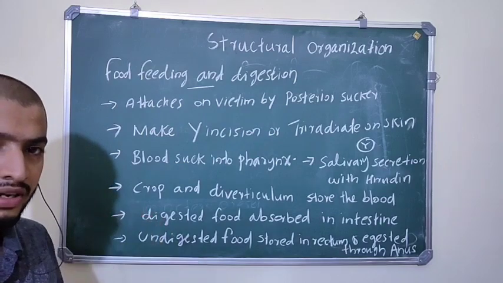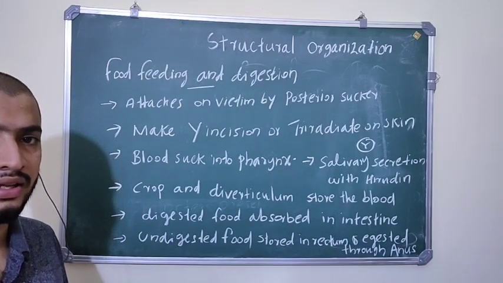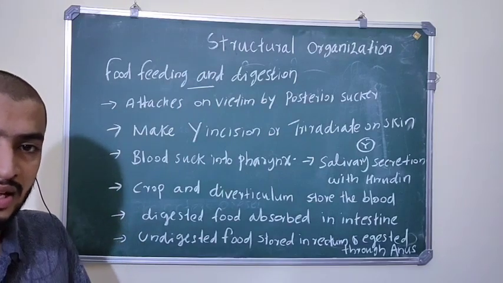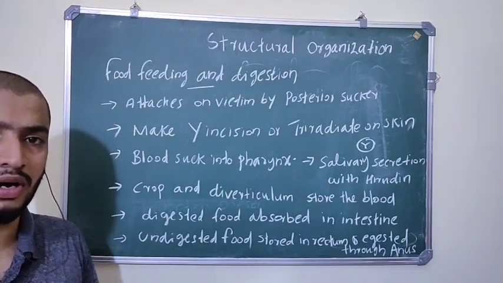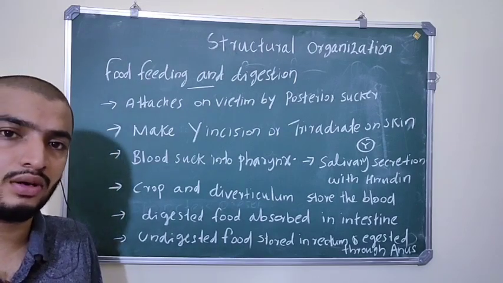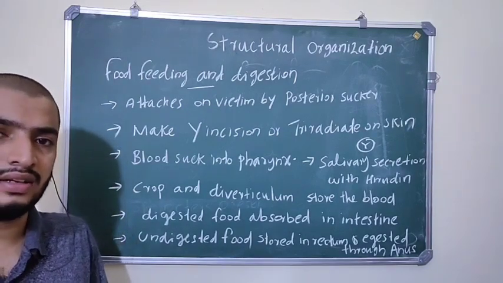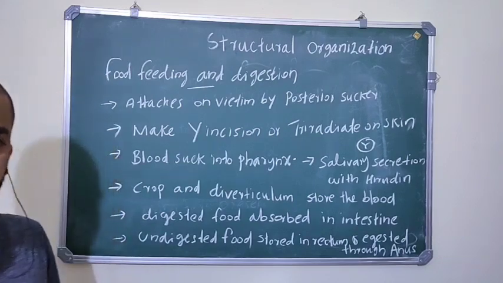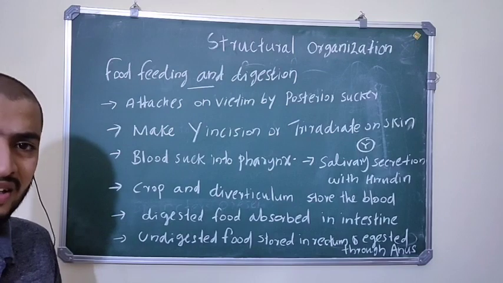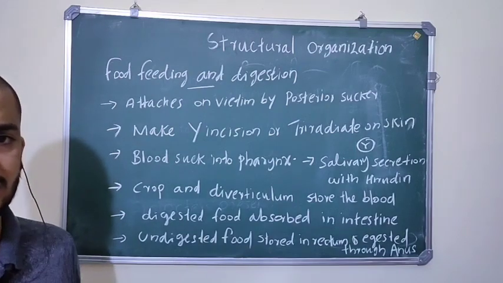Then the food particles go to the intestine, where absorption of the food particles takes place. Finally, undigested food particles go to the rectum, where they are stored, and are then egested through the anus.